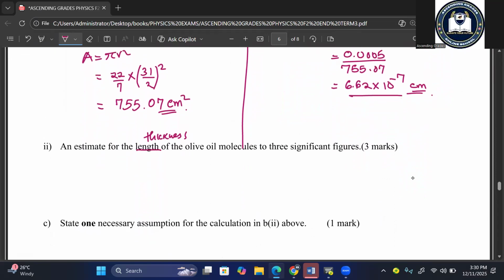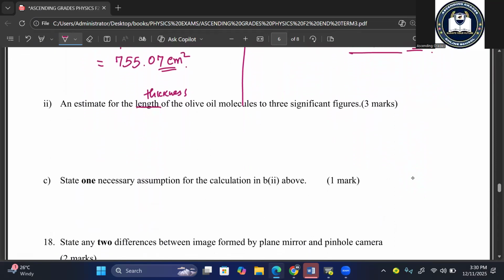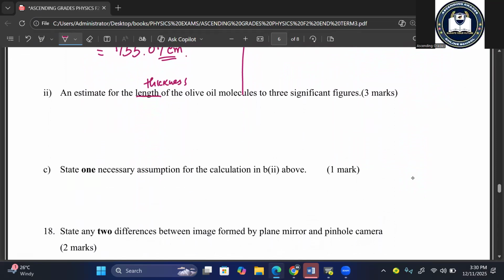So we have the last question on question 17. Assumption. The oil patch is 1 molecule thick.